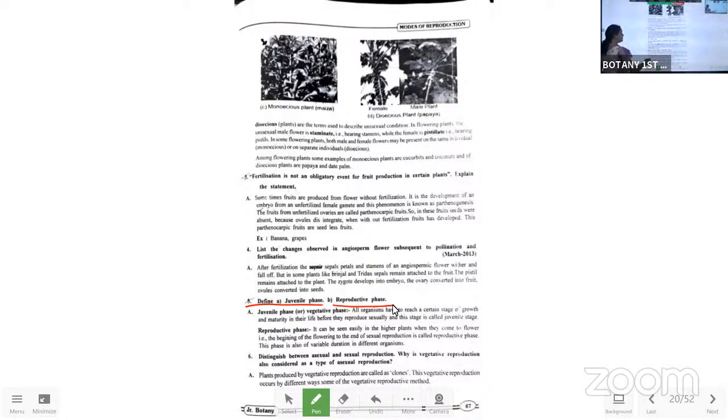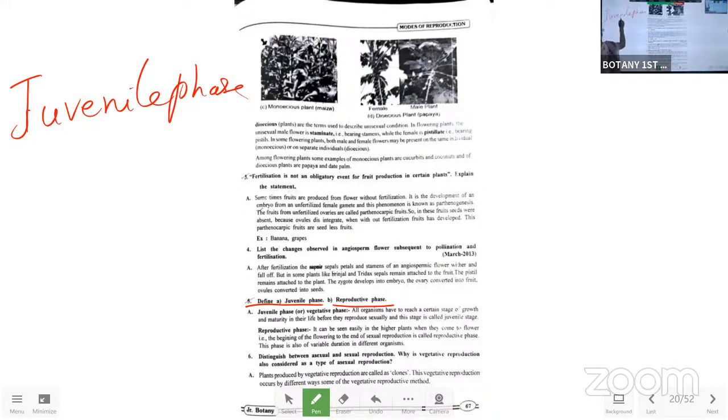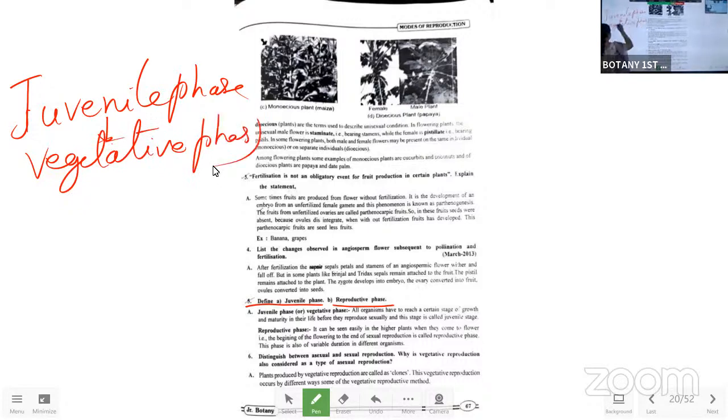What is meant by juvenile phase? Juvenile phase is also considered as the vegetative phase. That means the first part, the first life of the plant body, that is called the vegetative phase.